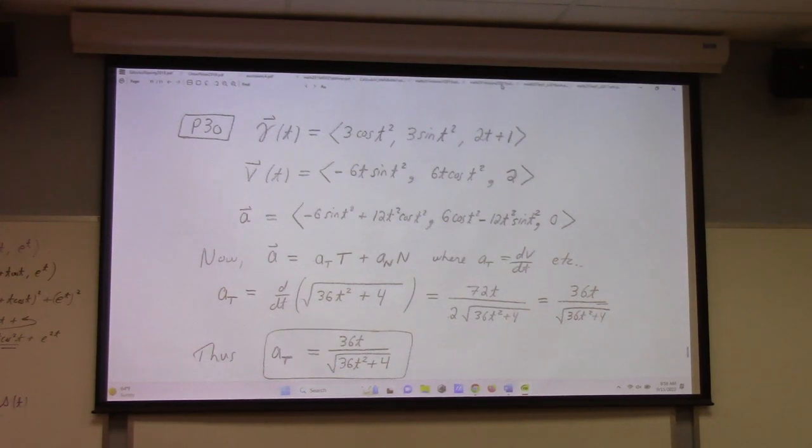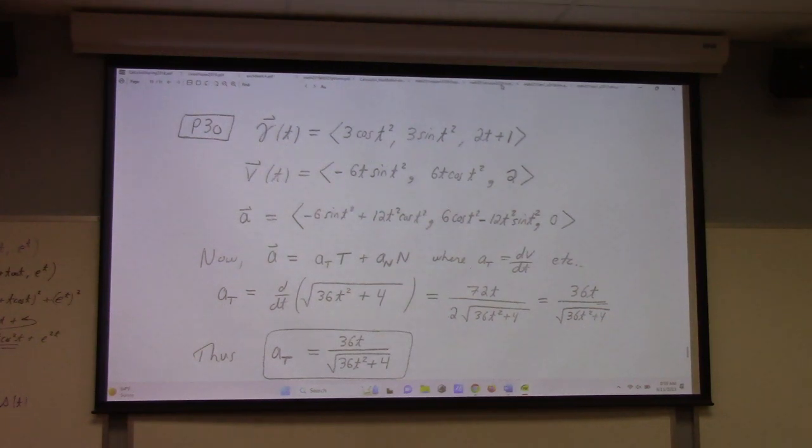Yes, sir. Sorry, what? Well, will there be a problem that explores velocity, position, acceleration? Sure, that might happen. Is there going to be a problem where you need to know the relation between the tangential and the normal parts of the acceleration? Totally possible.